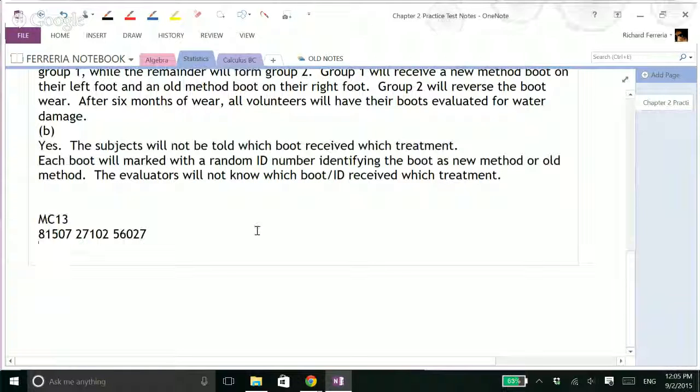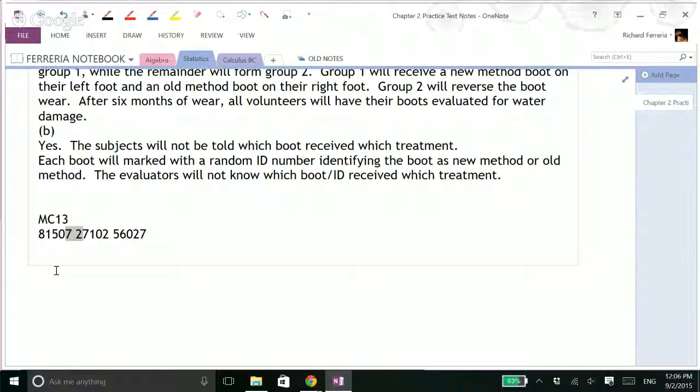If your individuals' IDs are 2-digit numbers, then you're going to chunk them in groups of 2. So for example, for the 2-digit ID number, we're looking at individual 81, then individual 50, then individual 72. That space is only there to help your eyes track.